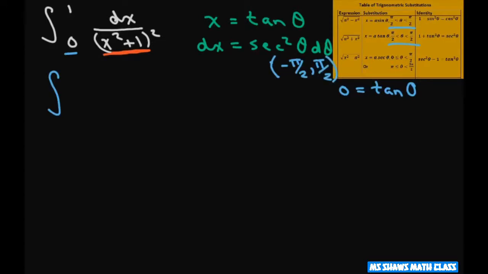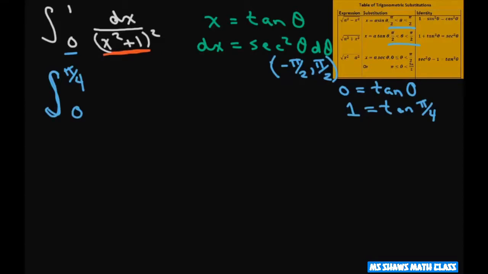So quadrant 1 and 4. So that means we're going to start with 0 here. And for 1, we have tan of pi divided by 4. So this is pi divided by 4. So remember, you have to change your bounds when you do the substitution.